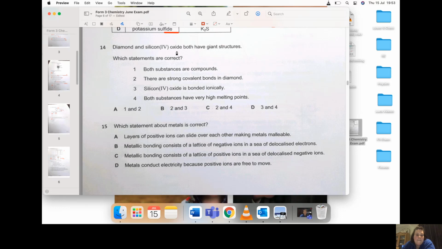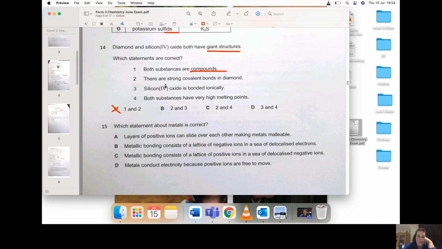Diamond and silicon 4 oxide both have giant structures. That's correct. Which statements are correct? Both substances are compounds. Now you need to remember, what is a compound? It's a combination of elements. This is incorrect for diamond. Diamond is just carbon. So anything with 1, wrong answer.